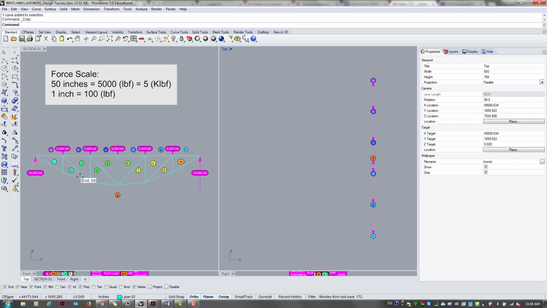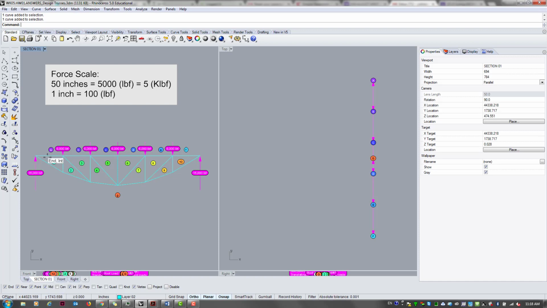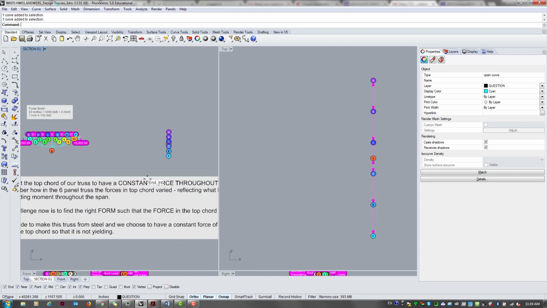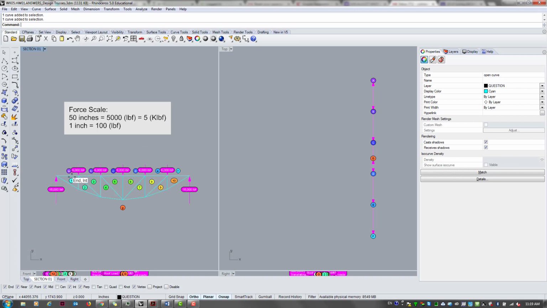Another thing we know, there are a whole bunch of unknowns. We don't know the angle of this guy. None of these angles actually we don't know. But one thing we know is all of these horizontal ones, I think I said 20,000, so we know all of that to be 20,000 pounds.